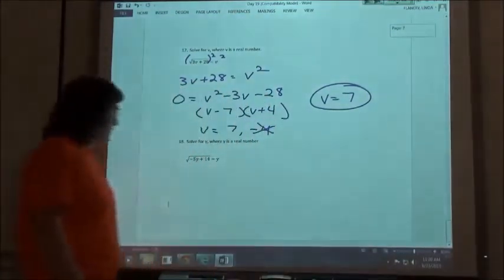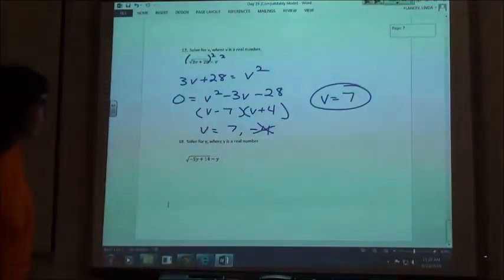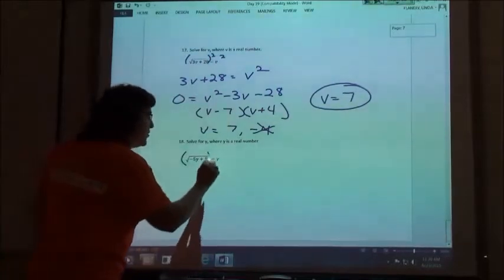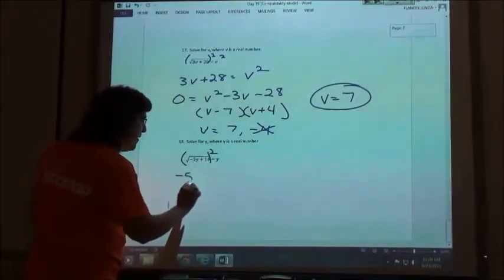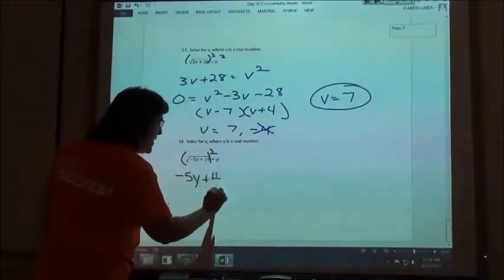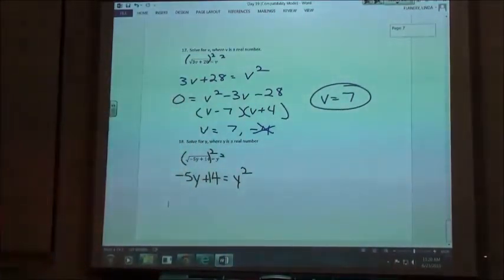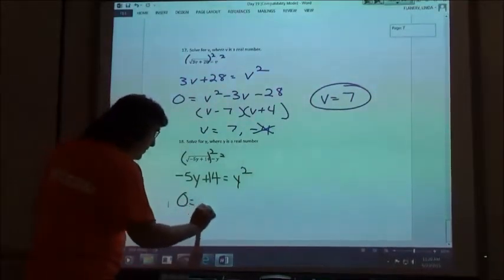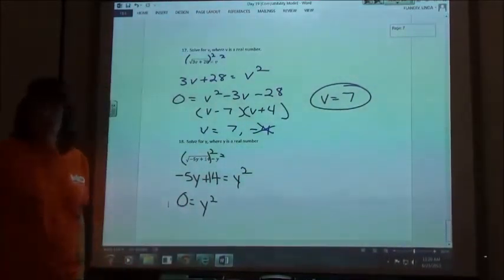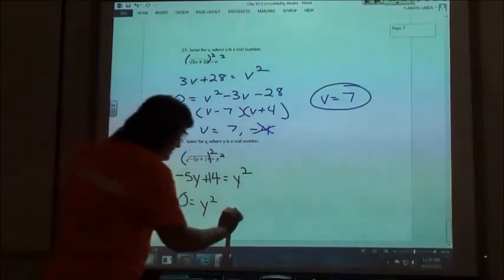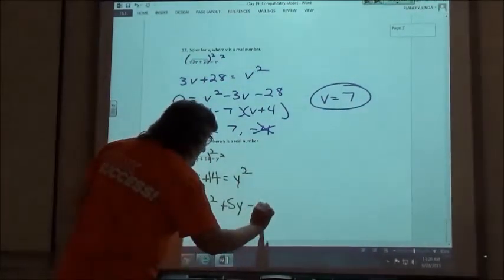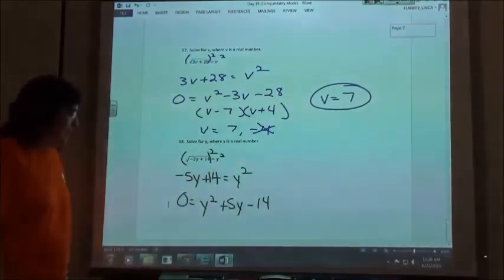And one last one. Squaring both sides, negative 5y plus 14 equals y squared, right? So setting that equal to 0, I would have y squared plus 5y minus 14.